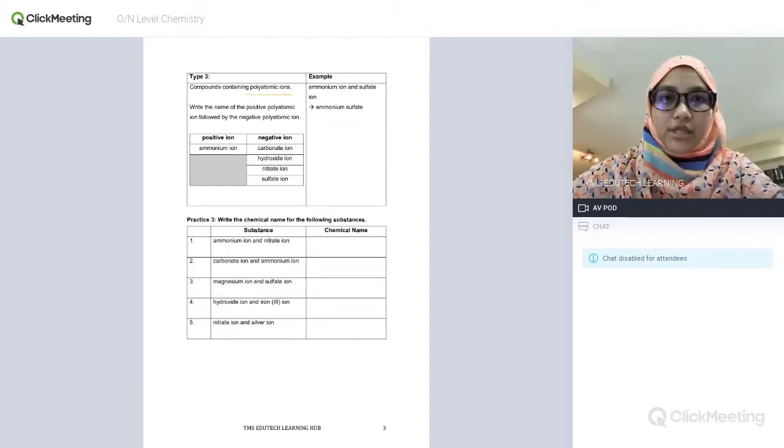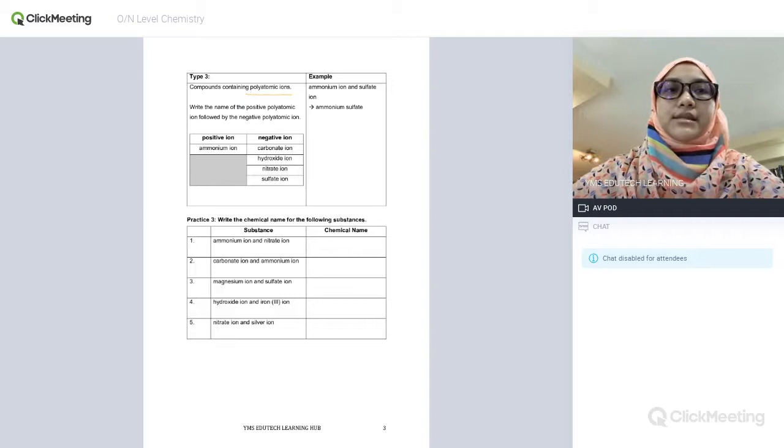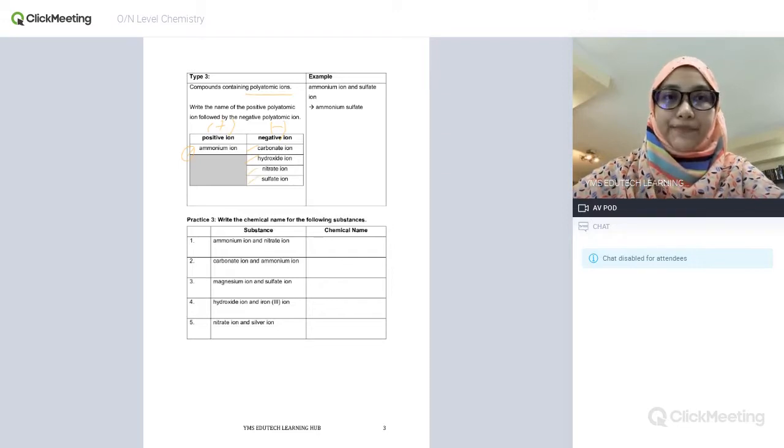What are the 5 polyatomic ions that you need to know for the O level as well as the N level? We can first categorize the ions into positive ion and negative ions. There's only one positive ion that you need to know, which is ammonium ion. And there are 4 negative ions that you need to know: carbonate ion, hydroxide ion, nitrate ion, and sulfate ion.